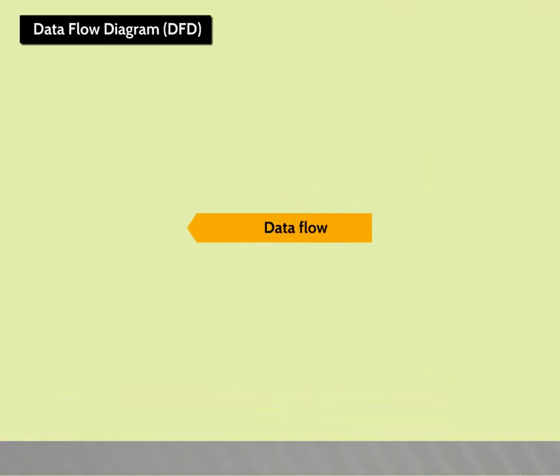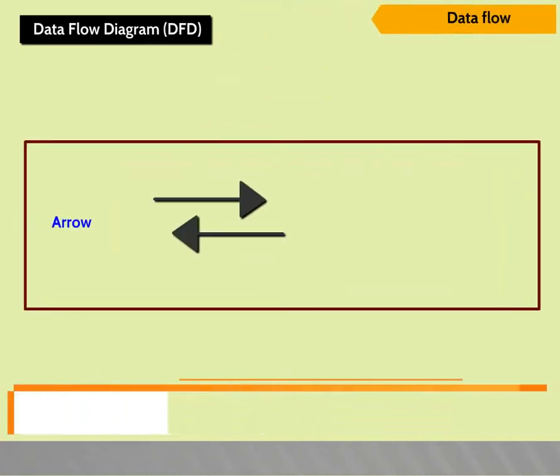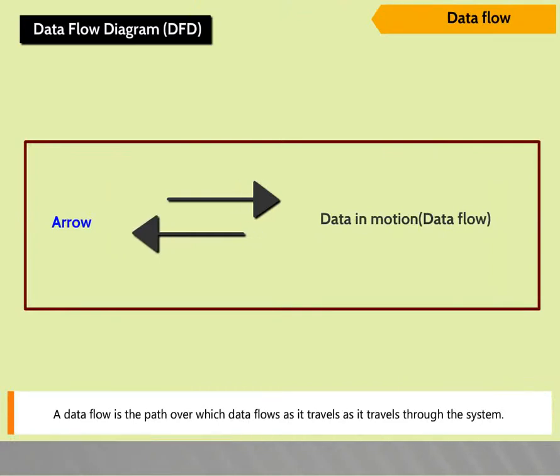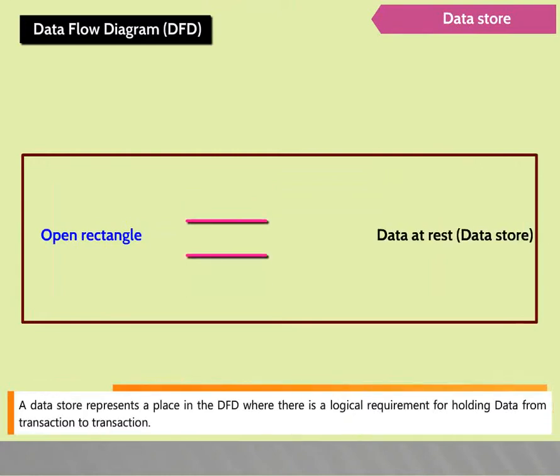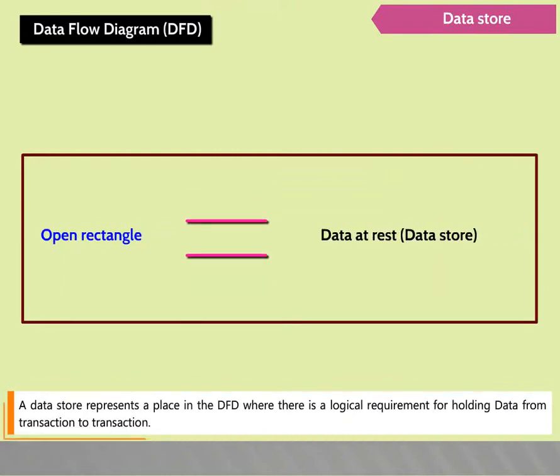Data flow. A data flow is the path over which the data flows as it travels through the system. Data store. A data store represents a place in the DFD where there is a logical requirement for holding data from transaction to transaction.